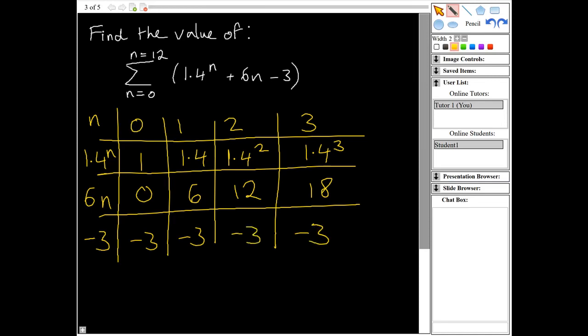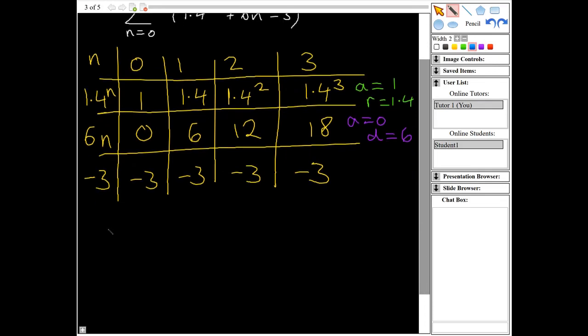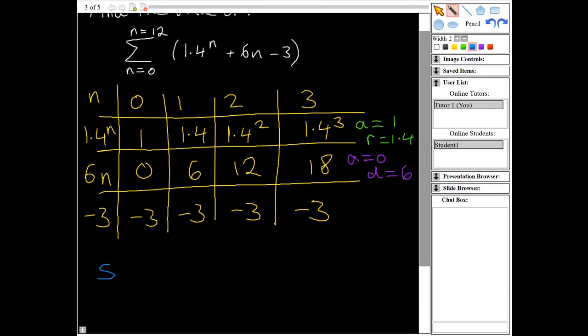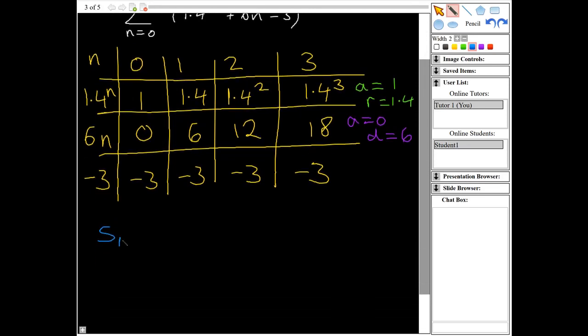So what we can do is treat those parts separately. Let me write down what we've got here. For the geometric series, a is equal to 1 and r is equal to 1.4. In the arithmetic one, a is equal to 0 and d is equal to 6. So we can work out the sums. How many terms have we got here? It's from n is 0 to 12, so it's going to be the sum of 13 terms.